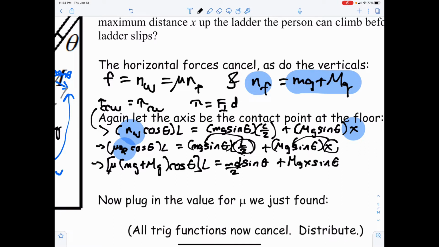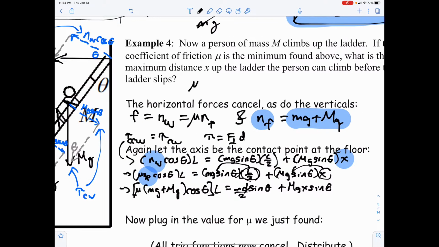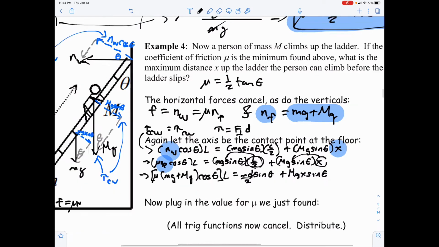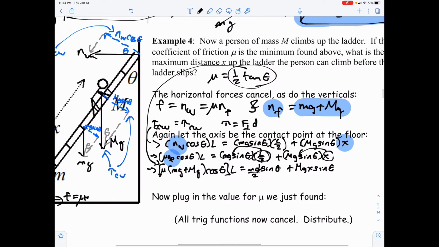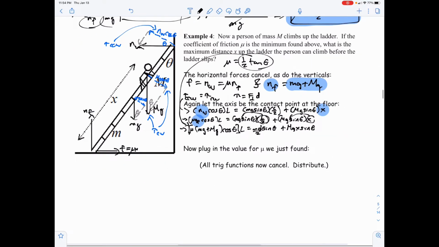Now recall that mu was equal to 1/2 tangent theta. And we're going to substitute that right in there for mu. So let's go down here where we have more room. In place of mu, let's put in the 1/2 tan theta.